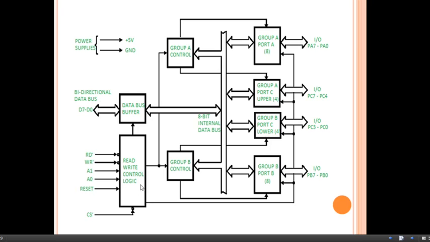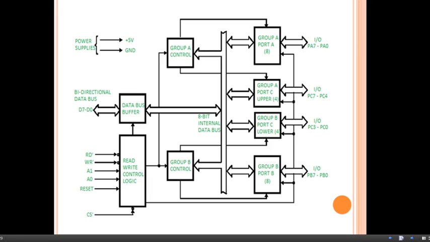Now this block accepts input from the system control bus. Here we can observe these are the inputs received from the system control bus and the address bus. A0 and A1 are the address pins which are received from the 8086.